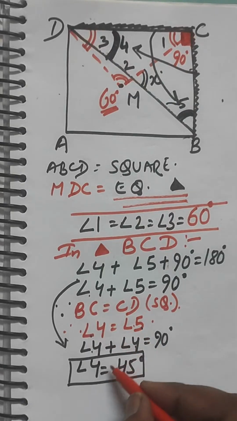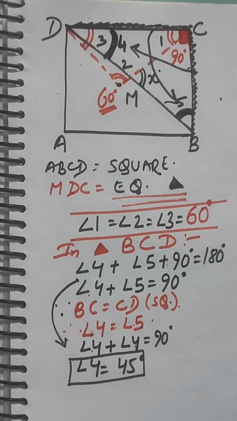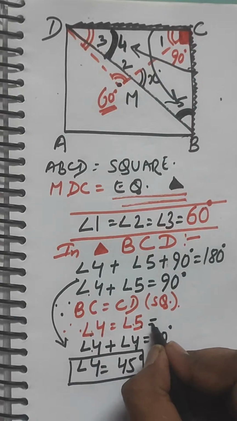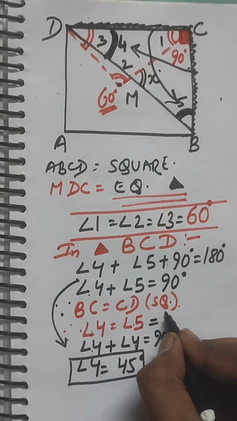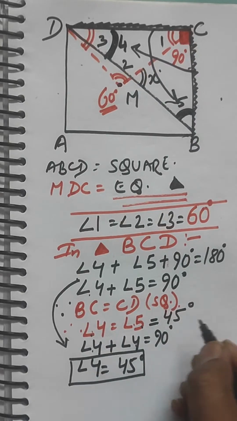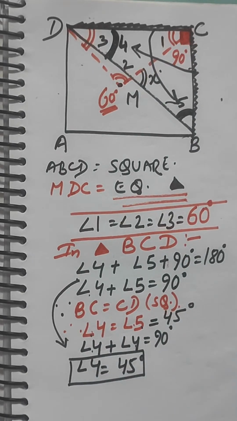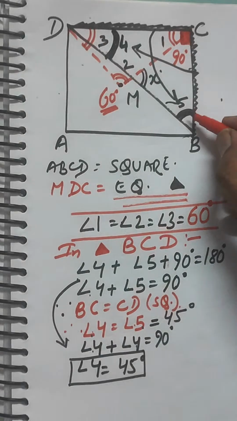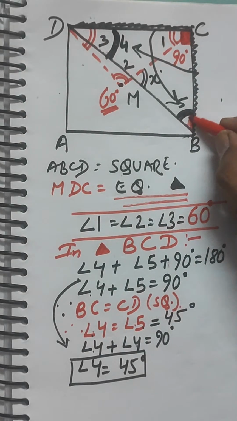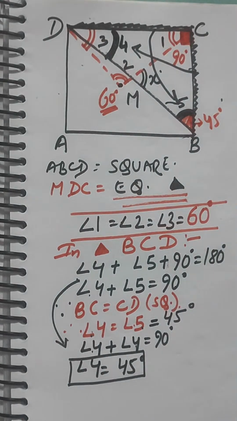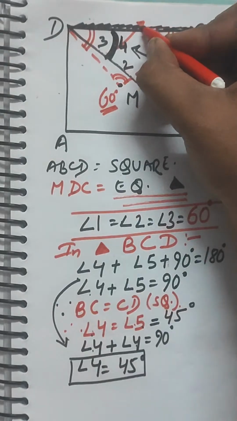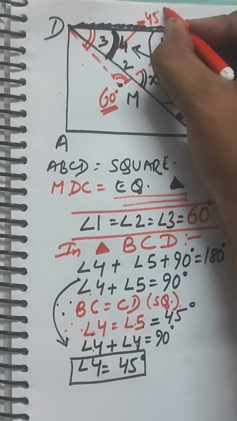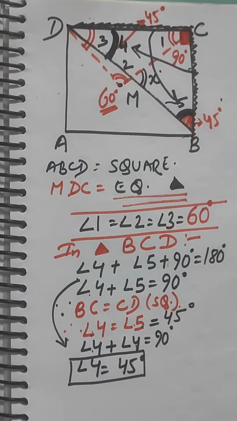Since angle 5 equals angle 4, both angles are 45 degrees, right? So here this angle is 45.